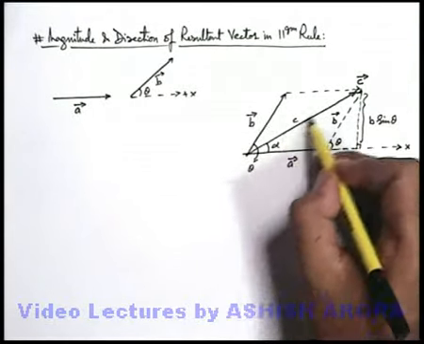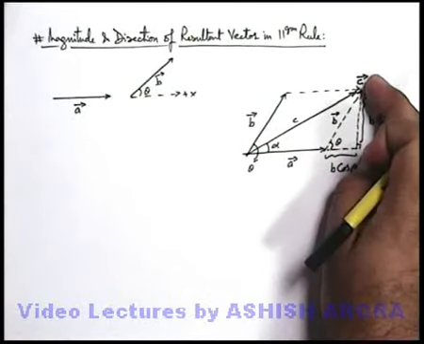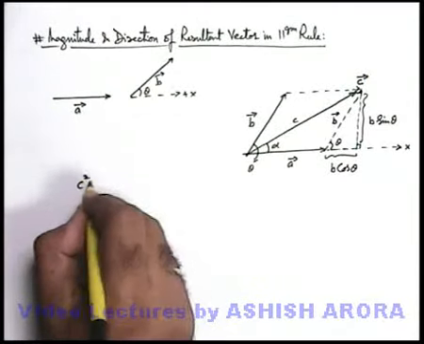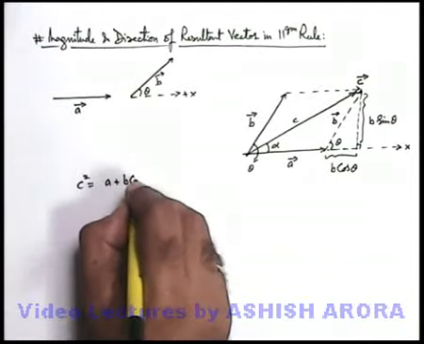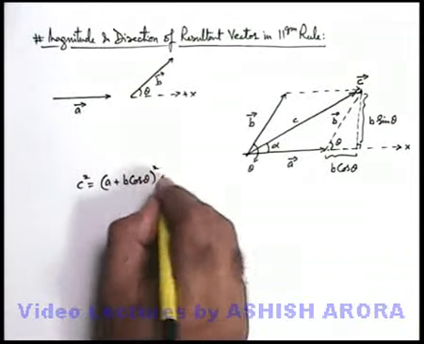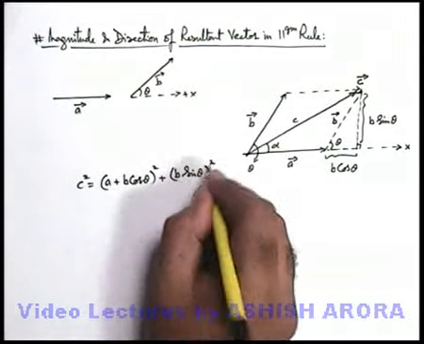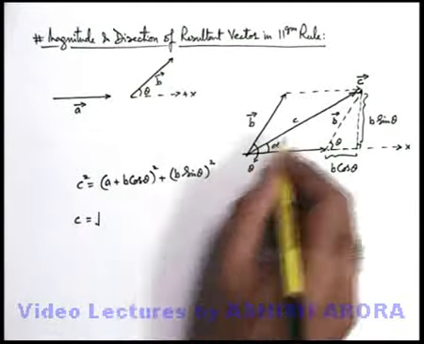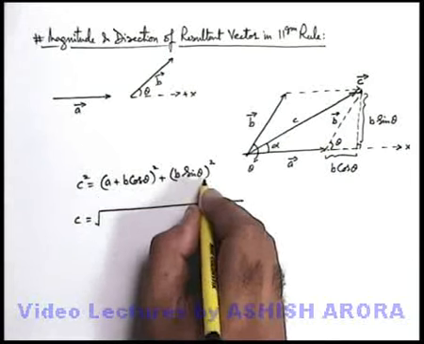Now the magnitude of the resultant vector can be written as this square plus this square by simply using Pythagoras. So here I can say C square is equal to (A plus B cos theta) whole square plus (B sin theta) whole square. The magnitude of the resultant vector C can be obtained by squaring and adding these two terms.